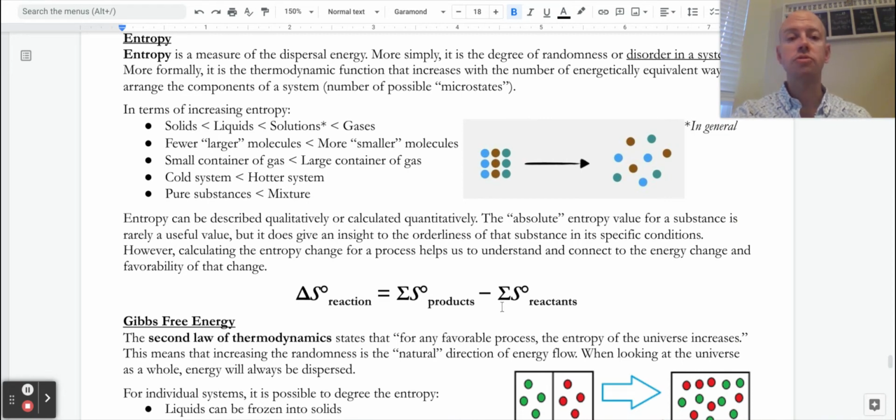And when we describe energy, we also need to understand that entropy is something that can make a reaction favorable or not. We can calculate it by looking at the entropy or the randomness of our products compared to our reactants in terms of quantitative values, or we can compare it in terms of qualitative values to say, are we starting more or less orderly than we're ending?